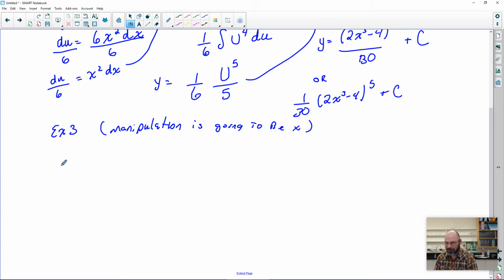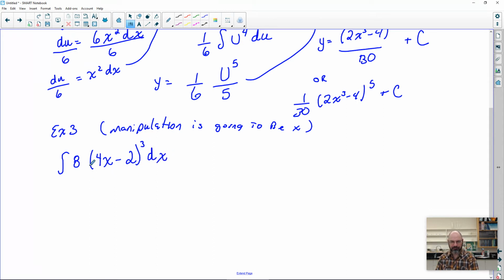My example for that is this one here. If we take the integral of 8 times 4x minus 2 to the power of 3 dx.